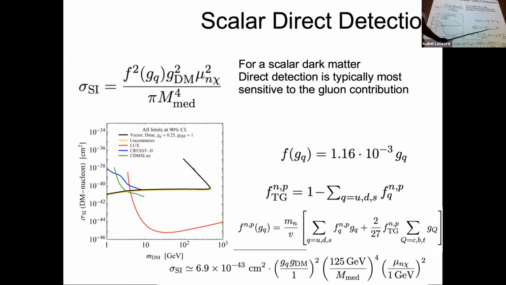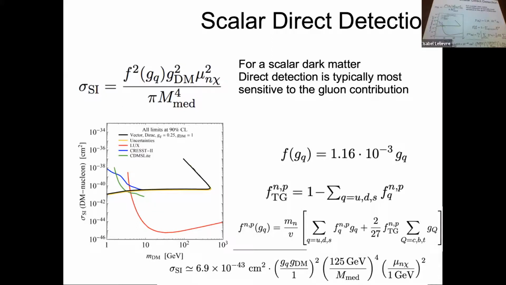For this diagram, coupling to the quarks, you just get this guy times the quark content in your nucleon. And so you can simplify this all down to a formula, which is just this number times the couplings that you choose divided by the mediator mass to the fourth times the reduced mass. And you can make your plot.